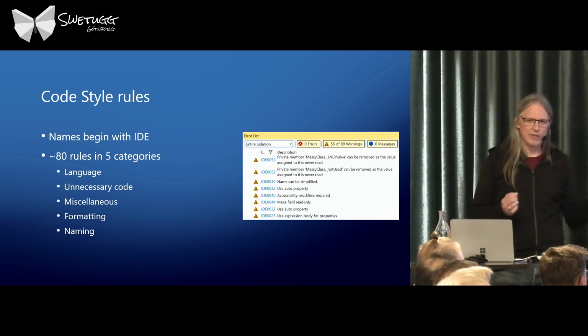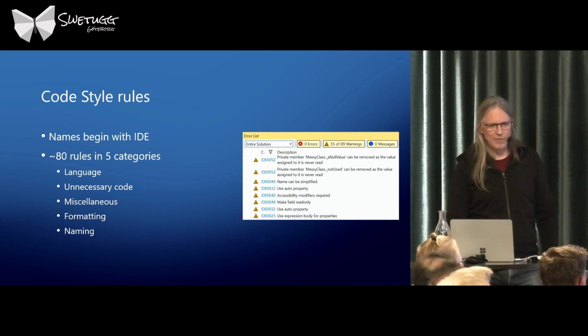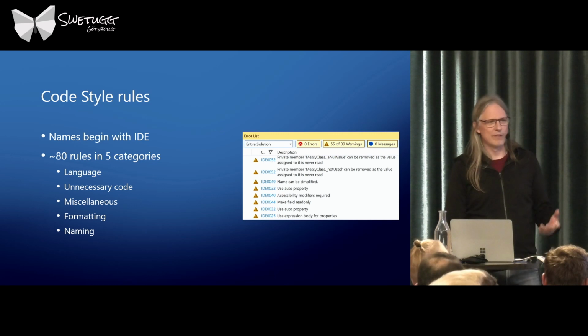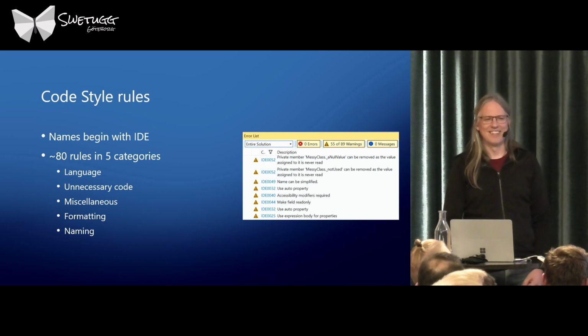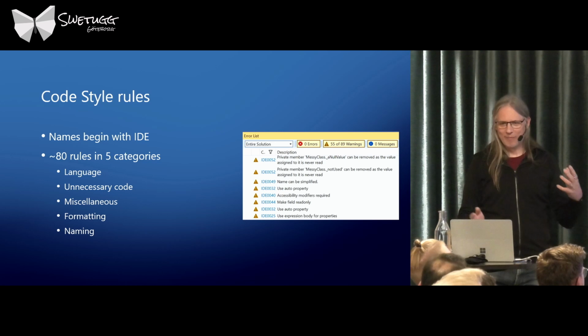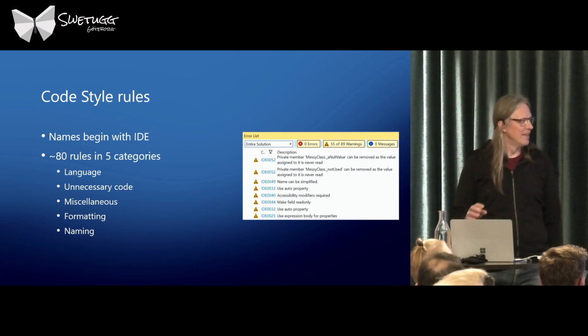I'm not sure what they say, but you can configure all this. I think the default is to not write this dot, because no one does, or very few do, I should say. Unnecessary code, so detect code that isn't being used. Miscellaneous, it's a good category name. Formatting, so how are you structuring your code? There's some spacing involved, and there's a few other things.